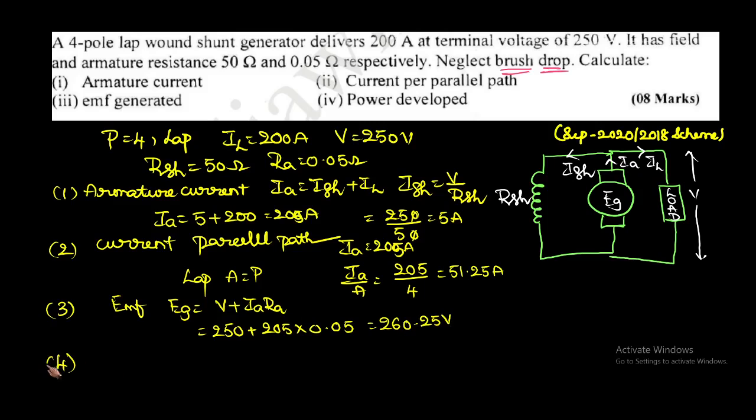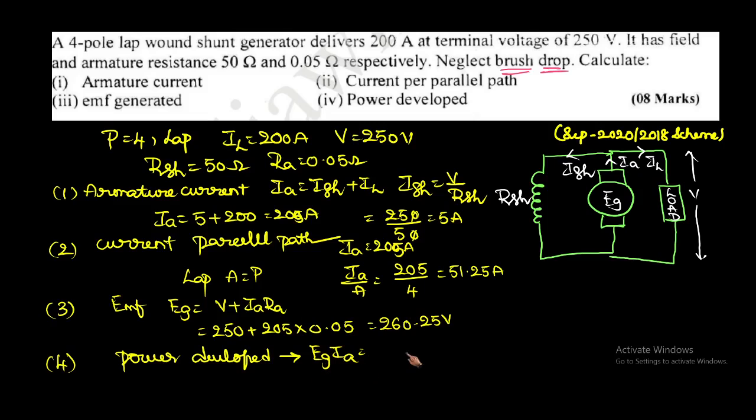Next, power developed in armature. Power developed means you have to calculate the armature power developed, that is EG into IA. Power delivered means V into IL. Power developed means EG into IA. This terminology I already gave in the previous videos.